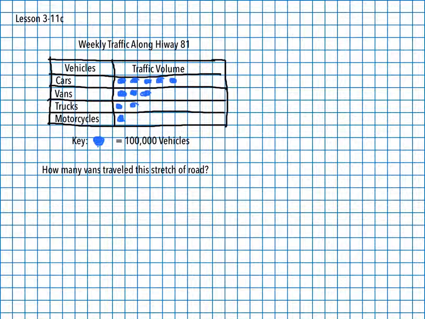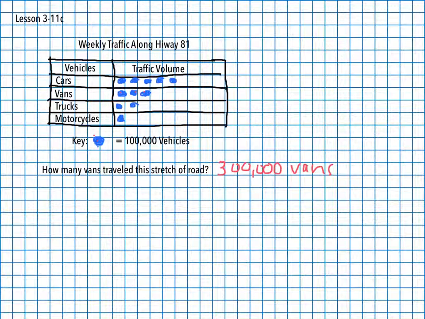Hopefully, boys and girls, you saw that there are 1, 2, 3. Each one of those 3 represents 100,000. So you take 3 times 100,000, and you get 300,000 vans.